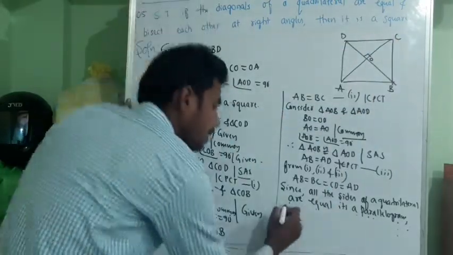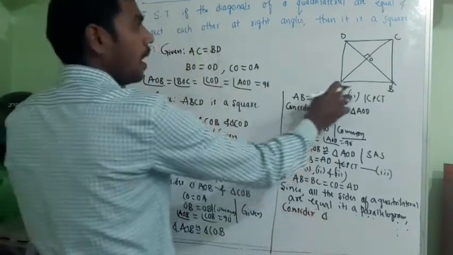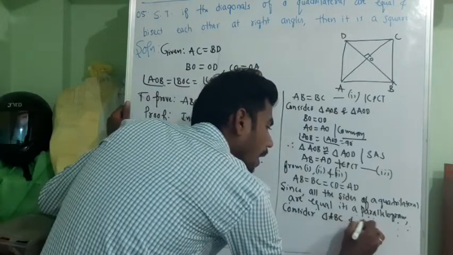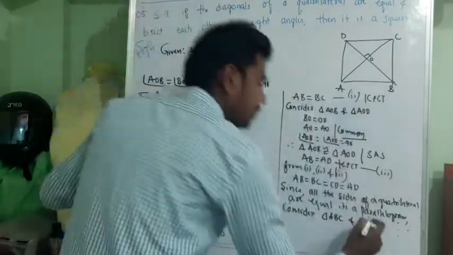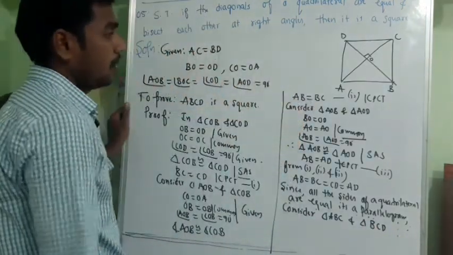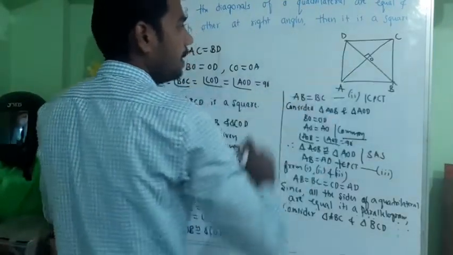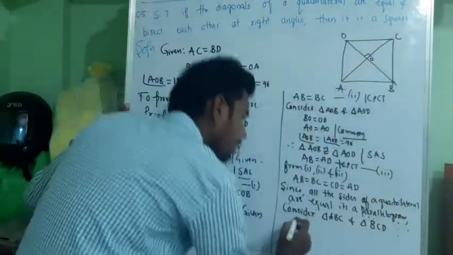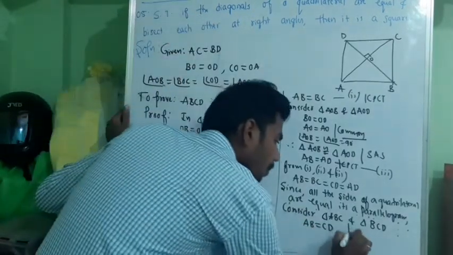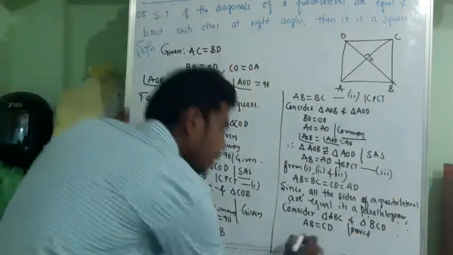So consider triangle ABC and triangle BCD. Fine. Now where is ABC? ABC, BCD. So AB is equal to CD. AB is equal to CD, we proved. And BC is equal to BC.